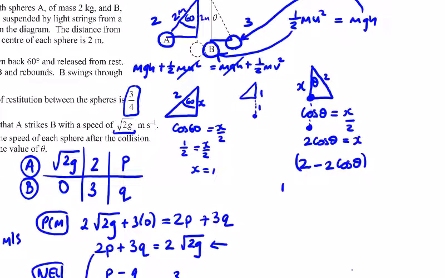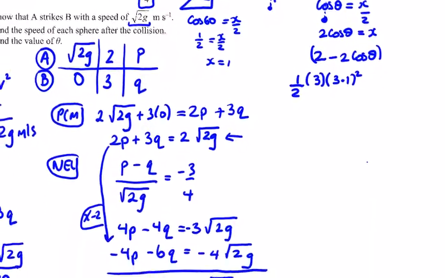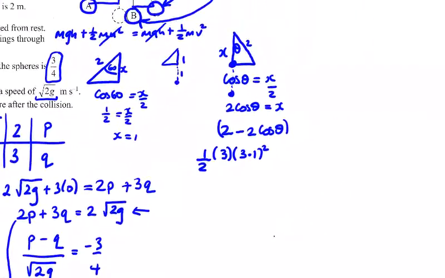So the half mv squared at the start is a half m, which is 3, by the 3.1 that we got a minute ago, squared. That's going to be equal to mgh, which is the 3, which is the m, by the g, which is 9.8, by the height, which was 2 minus 2 cos theta.